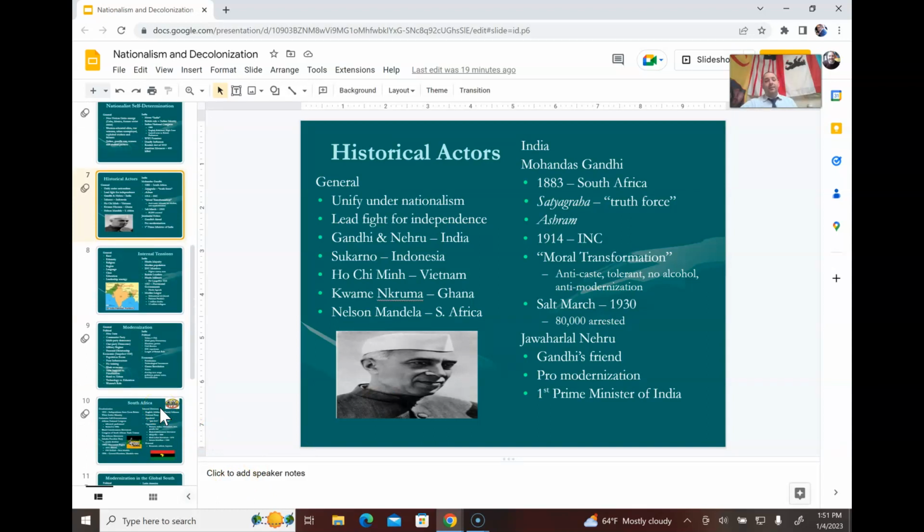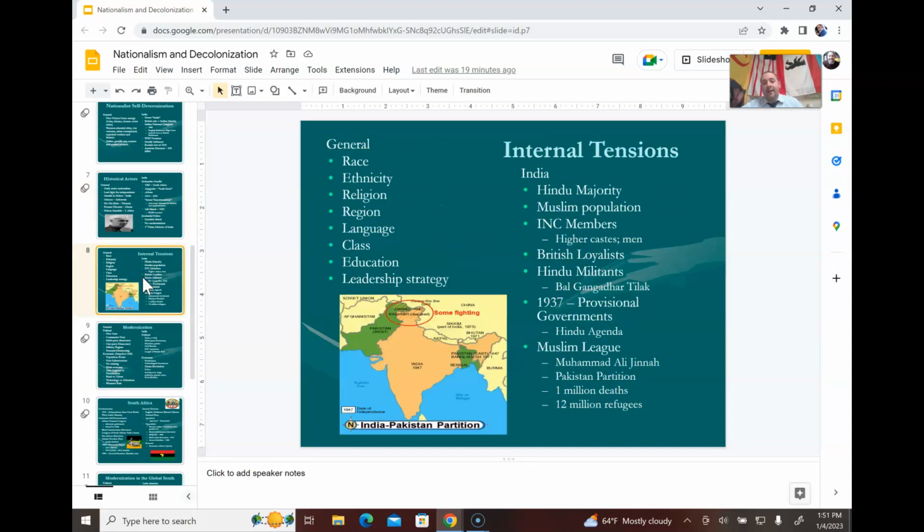When India is partitioned in 1947, you have a majority Hindu population and a minority Muslim population. And when the partition occurs, when the separation occurs, there's a lot of fighting that goes on, because people are very nervous that the Hindu majority will put down and suppress this Muslim minority.